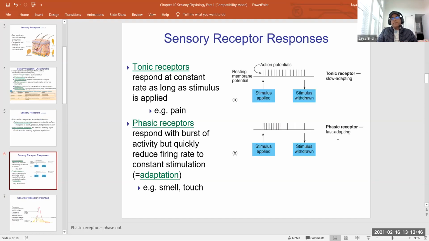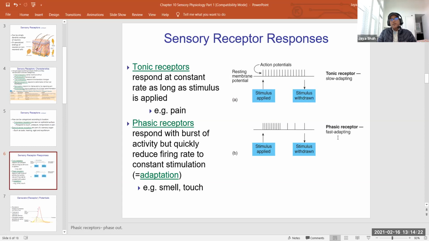Okay. Before I go to sensory receptor responses, let me give you one example. When you buy a new perfume and you spray it on yourself, its fragrance is very strong and you can smell it. But if you keep using the same perfume for 2 weeks or a month, you don't even feel that smell.